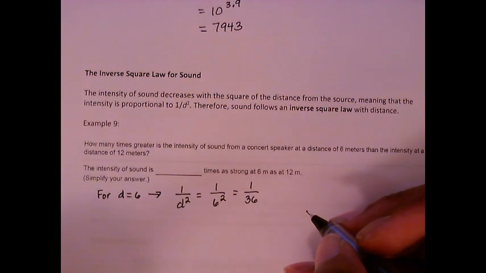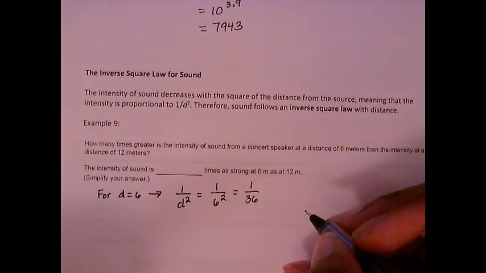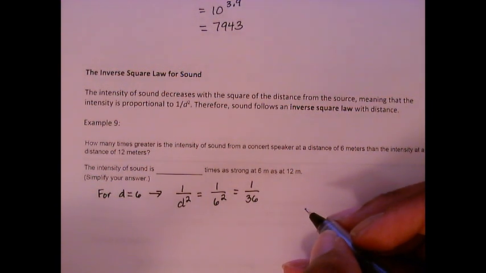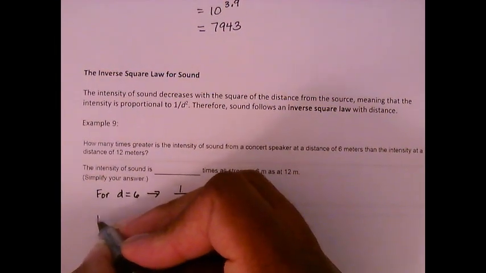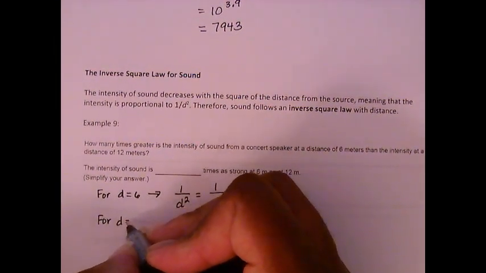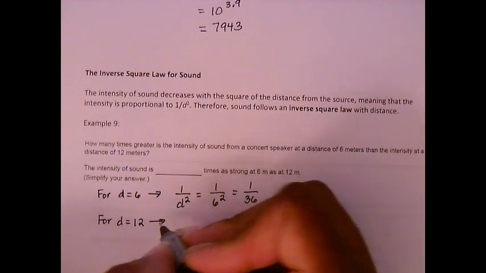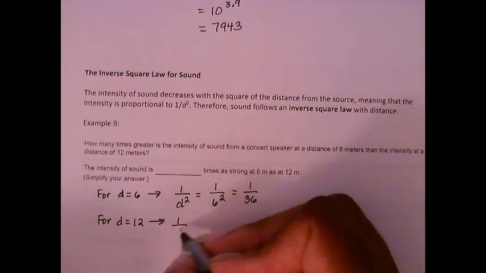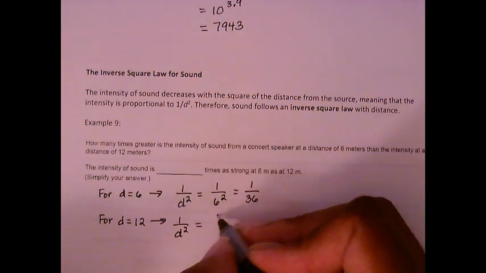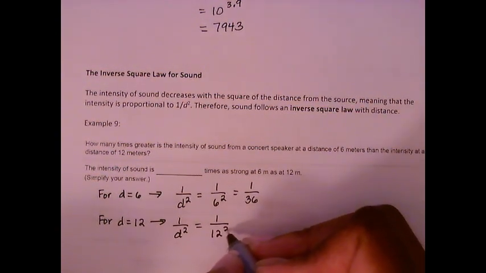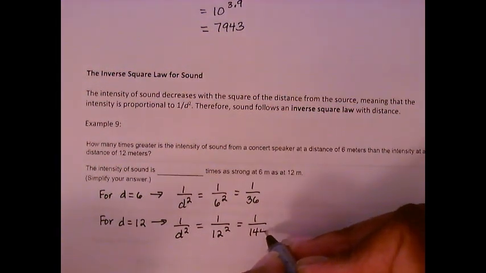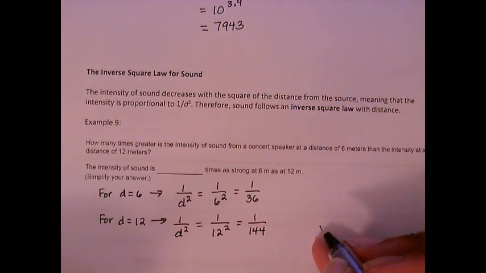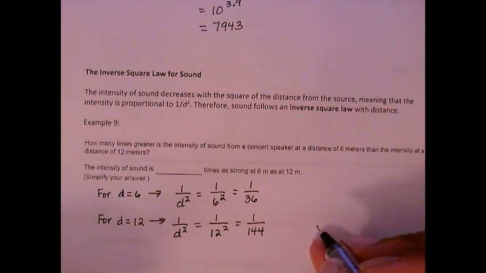So the intensity of sound from 6 meters is 1 over 36. And now for d equal to 12. Again, we're using 1 over d squared, but this time we're going to square the 12. So 12 squared will be 144. That's from 12 times 12. So we got 1 over 144.